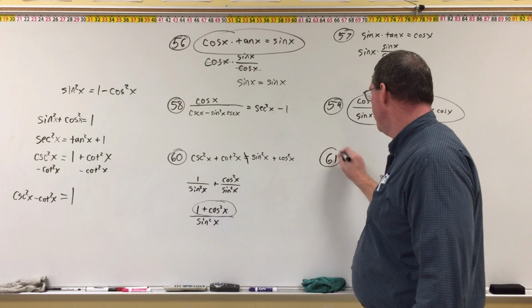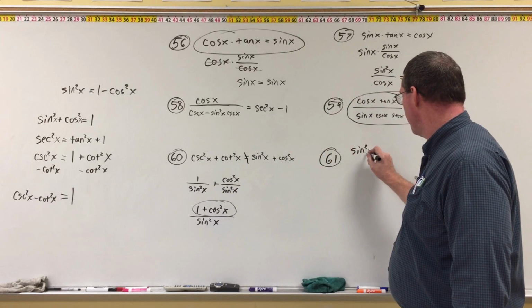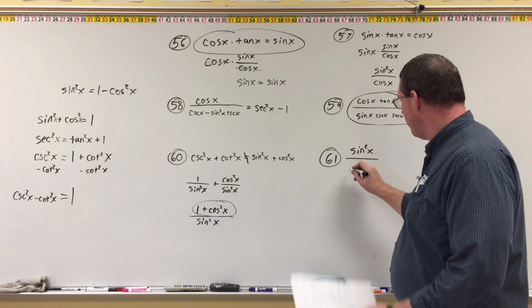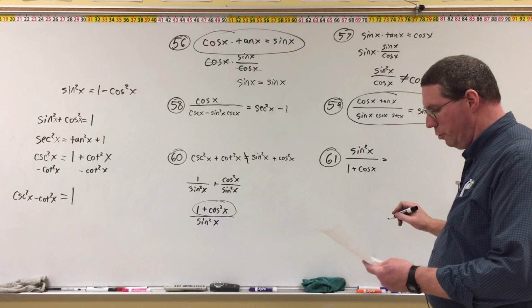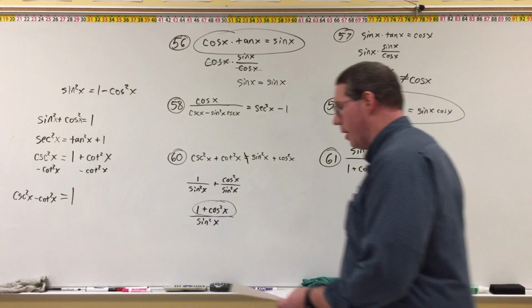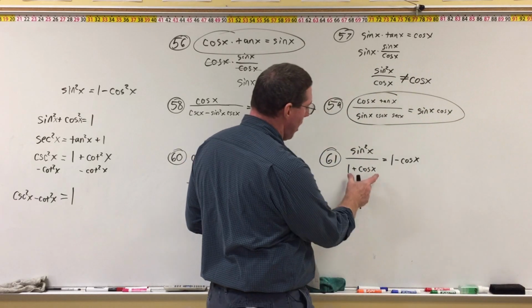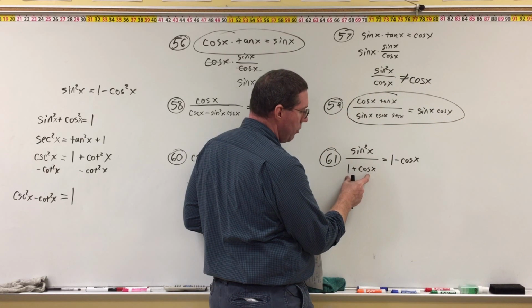The last one we're going to do is question 61, which is sine squared of x over 1 plus cosine of x is equal to 1 minus cosine of x. Now, when you're handling an identity like this, do you see how the denominator is a sum of two values?